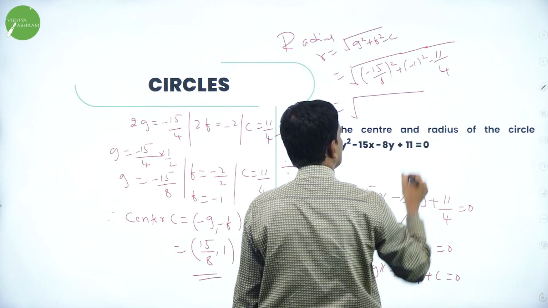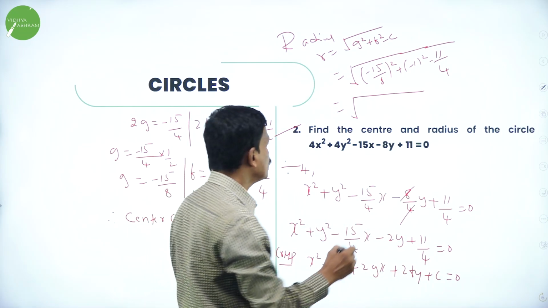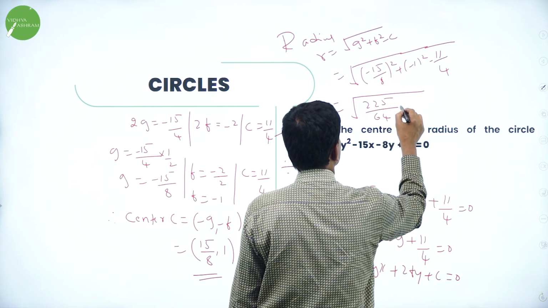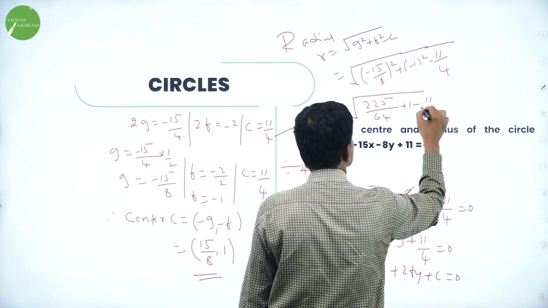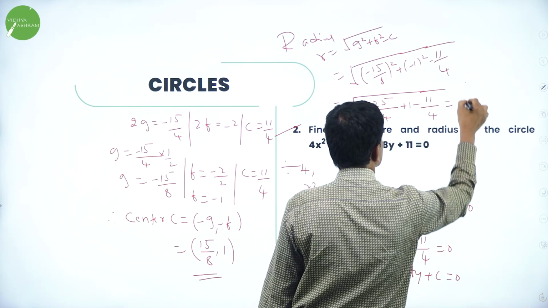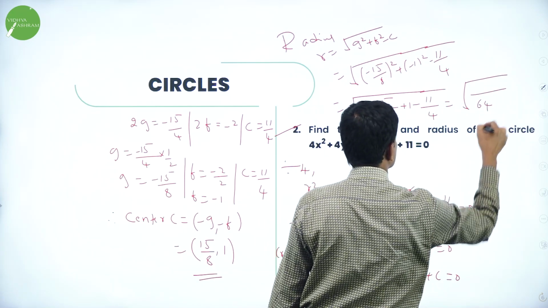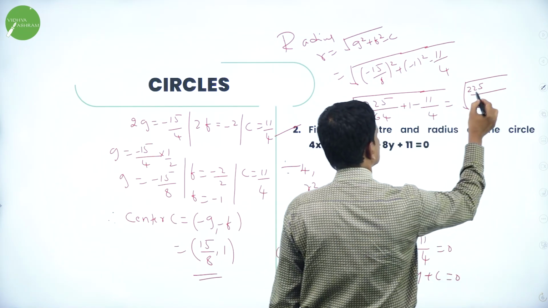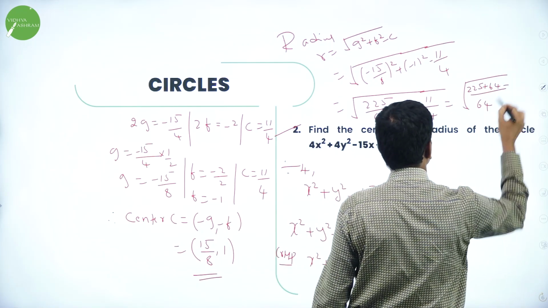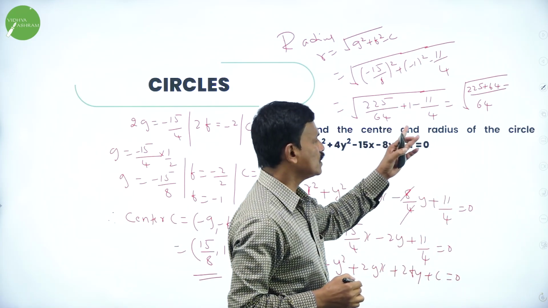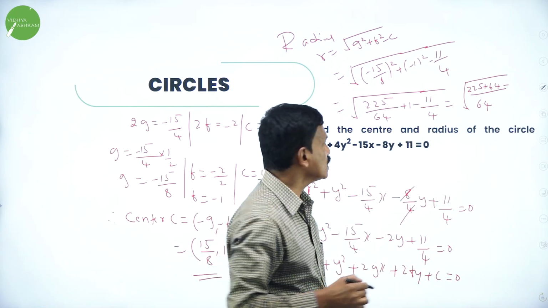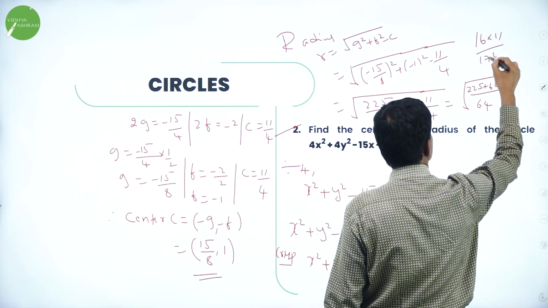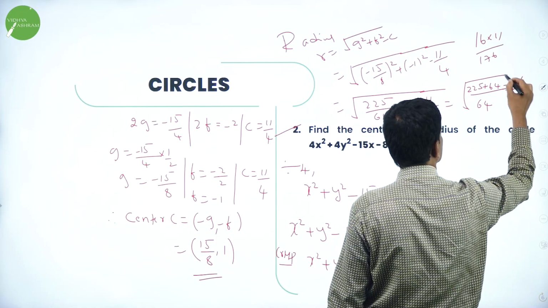Simplify this. 15 into 15 is 225, divided by 8 eights are 64, minus 1 square is plus 1, minus 11 by 4. Take the LCM here, 64 is the LCM. 225, again 64 ones are 64, minus, if you divide 64 by 4, it will go 16 times, 16 into 11 is equal to 176, minus 176.